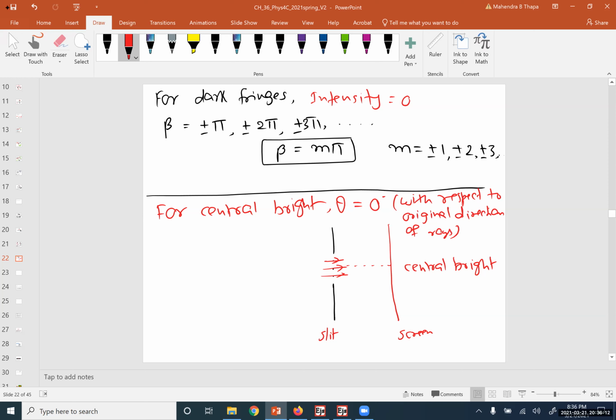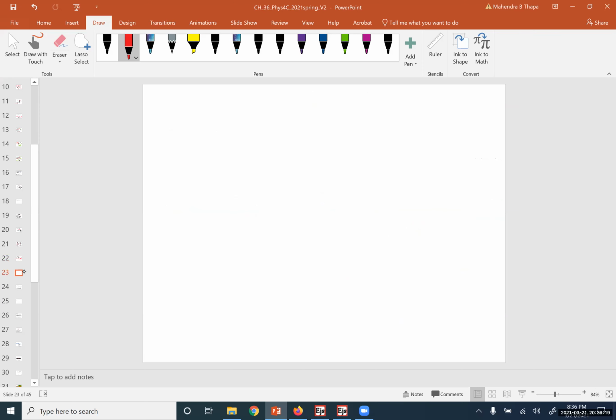So if theta is equal to 0, we can plug that number into the value of beta. We know our beta is, if you remember, pi a sine theta over lambda. So in this case, we can write pi a sine 0 over lambda. This gives the value of beta as 0.